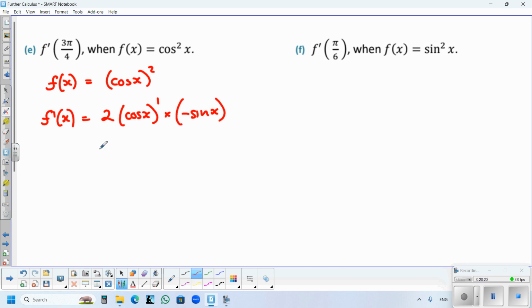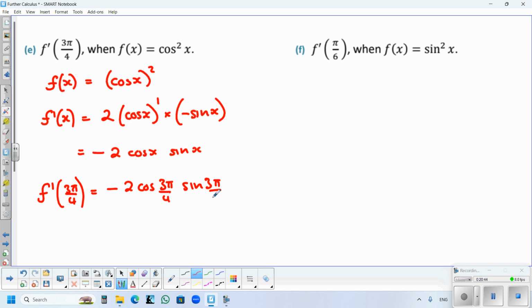So when we tidy that all up, we get minus 2 cos x times sin x. I want to find that when it's 3 pi over 4, so f dash 3 pi over 4 would be equal to minus 2 cos 3 pi over 4 times sin 3 pi over 4.